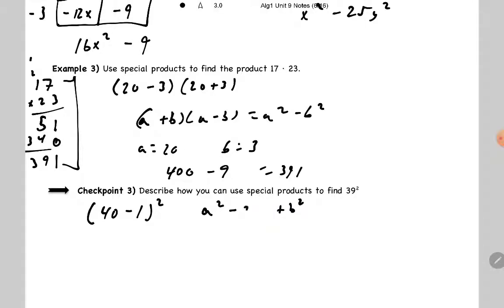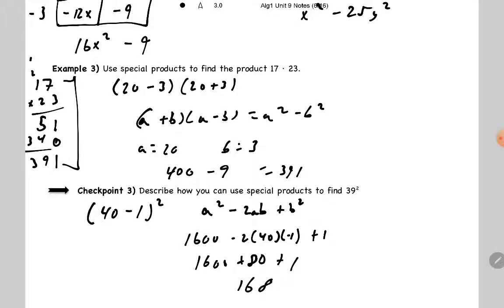Because that's a minus sign. So 40 squared is 1600 minus 2 times a, which is 40, times b, which is negative 1, plus b squared is plus 1. So 1600 minus 80, that becomes positive because double negative, plus 1. So this is 681. That might have been easier.